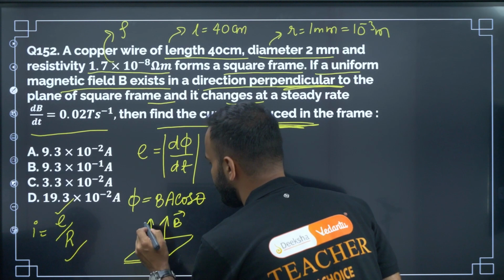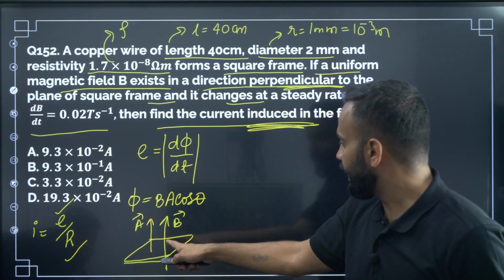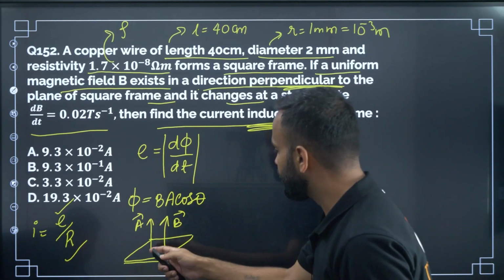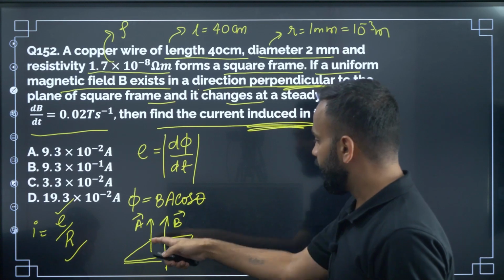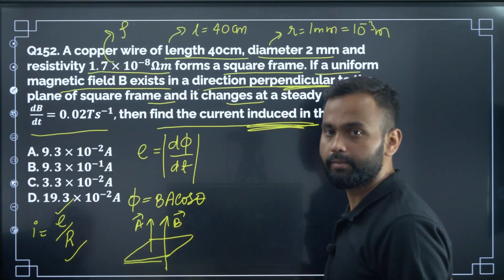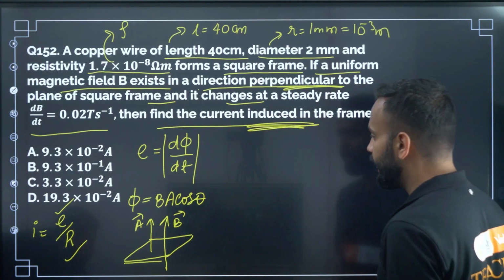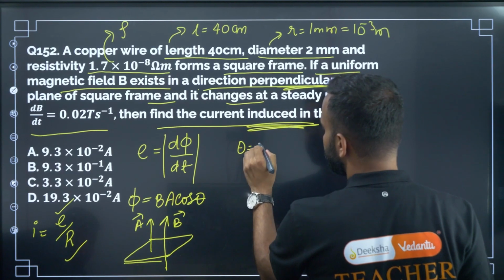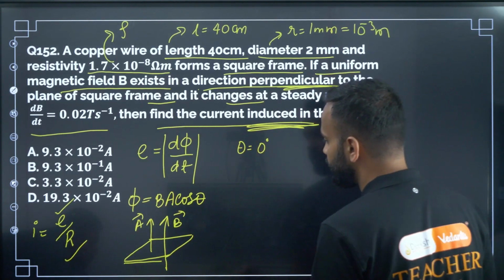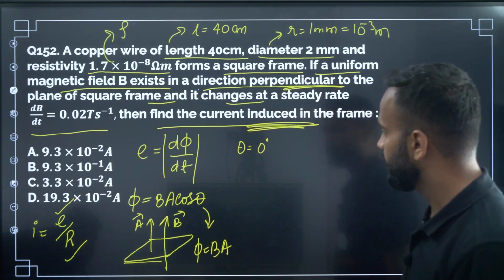So both are in the same direction, so theta is equal to 0 degrees, the angle between B and A is 0 degrees. So phi is equal to B into A.